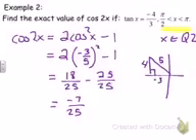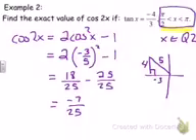Because a lot of the formulas have plus or minus in them, this one doesn't. If x is in this interval, from pi over 2 to pi, where would 2x be? If I took this and multiplied it through by 2, what would I get? Pi is less than 2x is less than 2 pi.